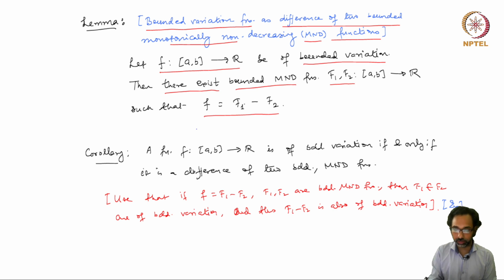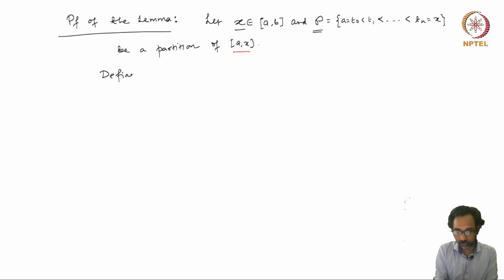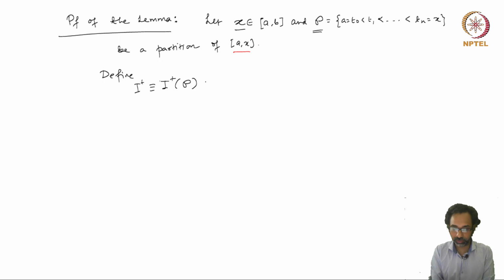But now let us look at the proof of this lemma. For this, let's fix a point x in [a,b], and we also fix a partition P given by t0, t1, ..., tn of this interval [a,x]. Now we define two sets, I plus of P, which I will only denote as I plus when the partition is evident.